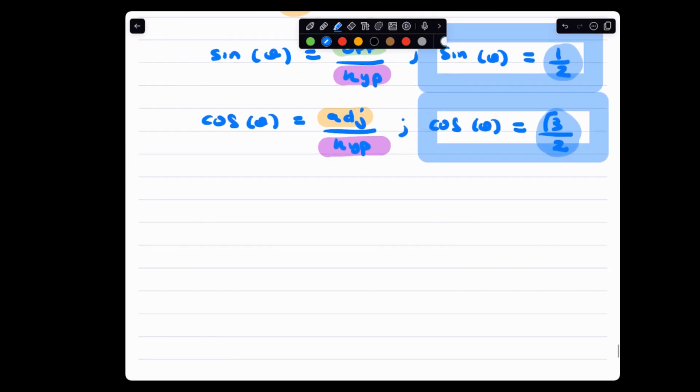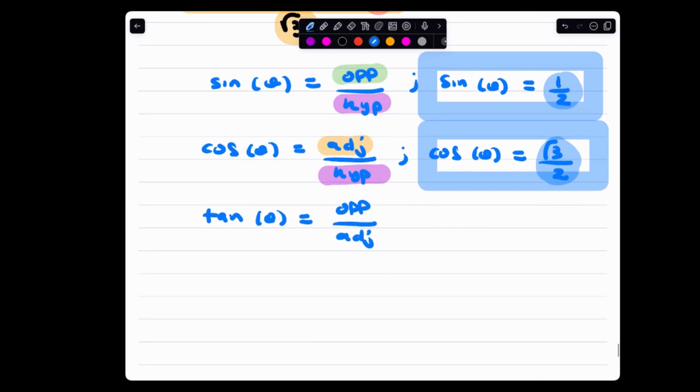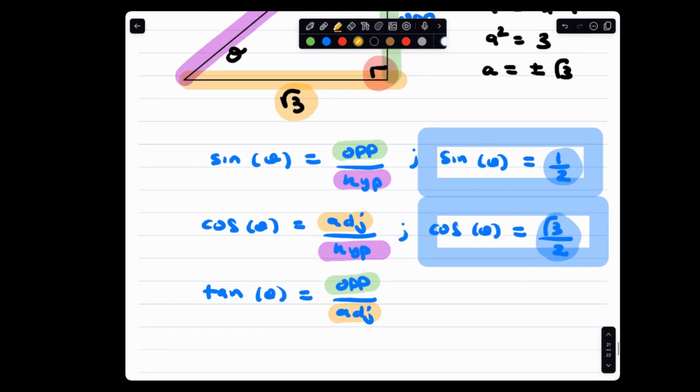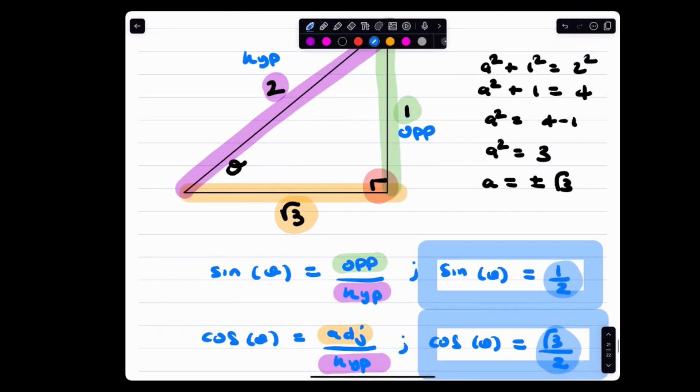Now you say, what about tangent? If you guys remember about tangent, definition of tangent will be what? Opposite over what? So what's your opposite side again going to be? Well, we'll see what that is. What's the adjacent side? Let's find out what these are. And remember, we got to label this, okay? This is going to be the what? Your adjacent side.